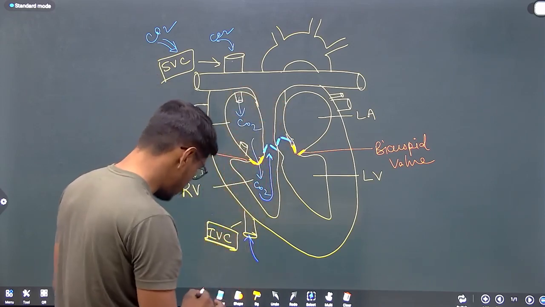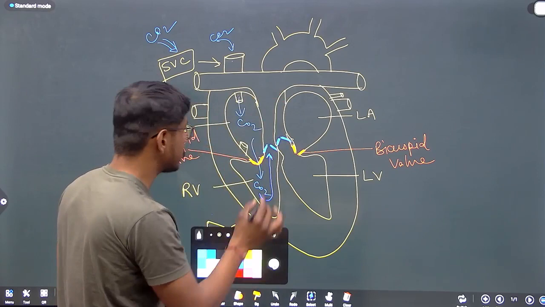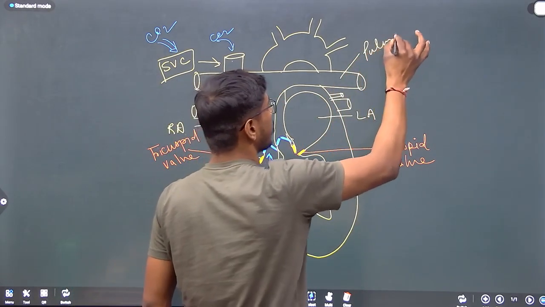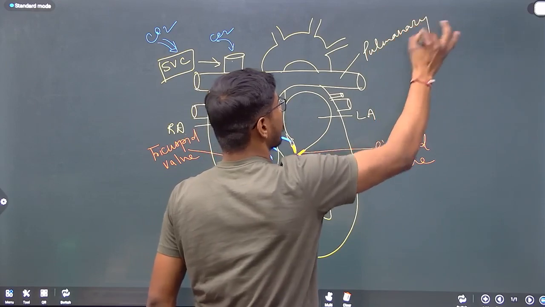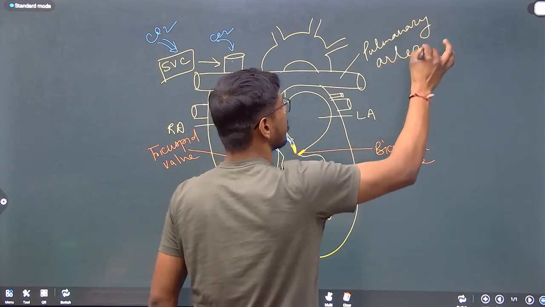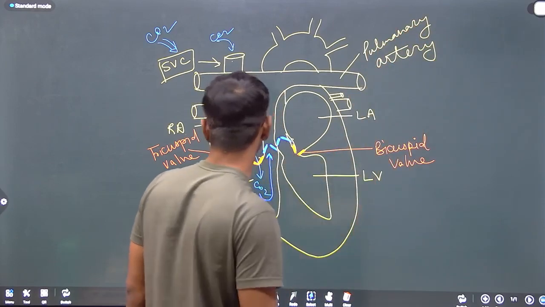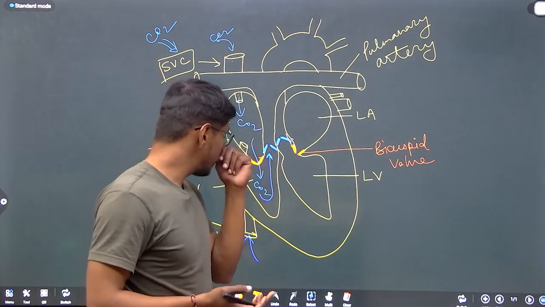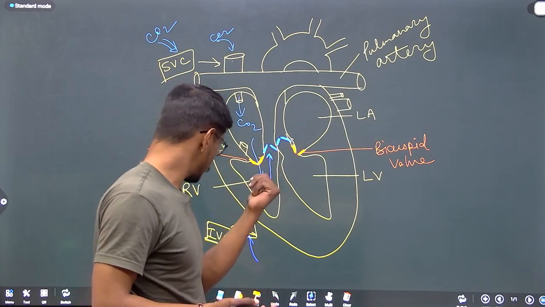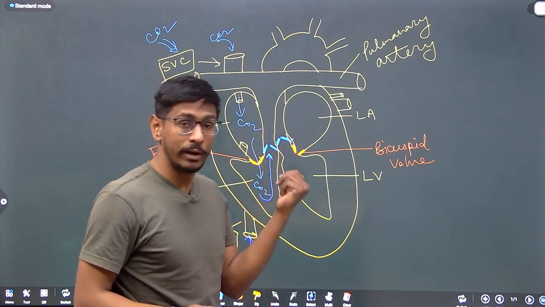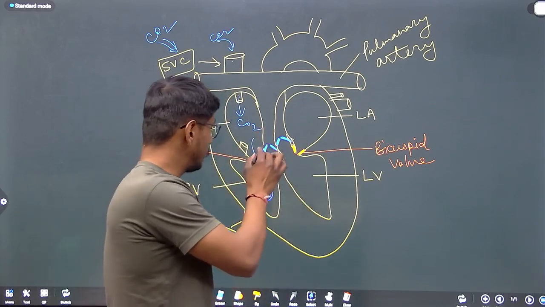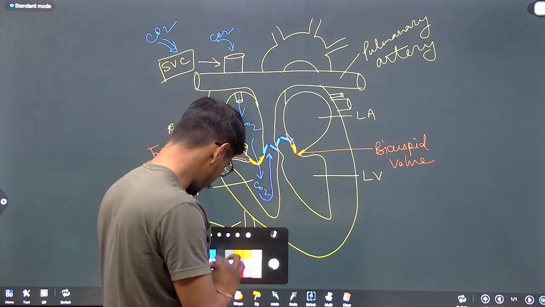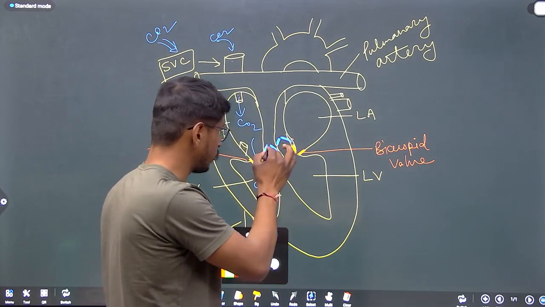This tube is referred to as the pulmonary artery, and there is one valve also between this ventricle and this pulmonary artery. This is the blue colored one, which I have drawn in blue color.